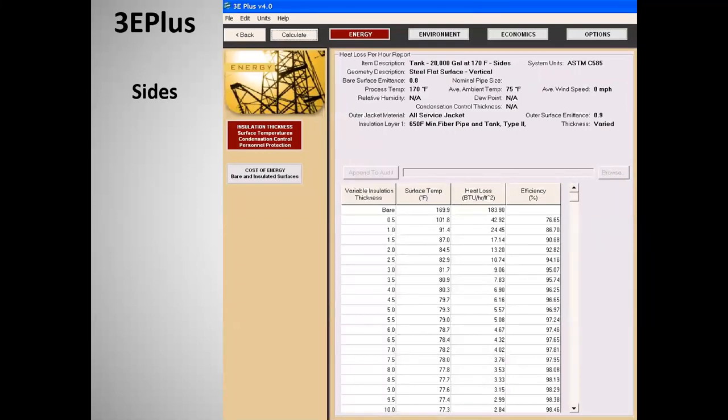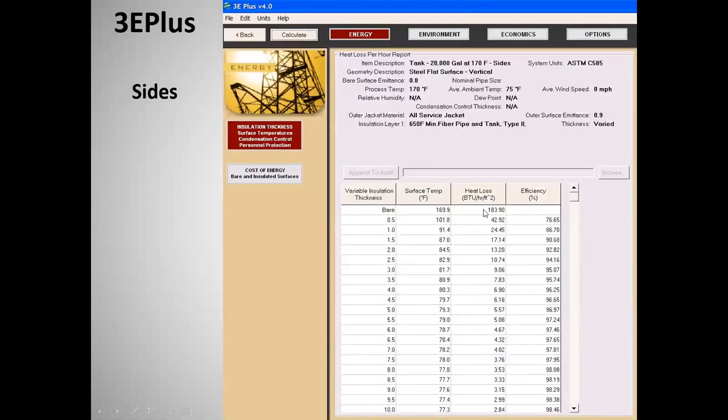So let's see. You run this one, and this is the energy output. What did we say, 2 inches? So that surface will be about 84.5.